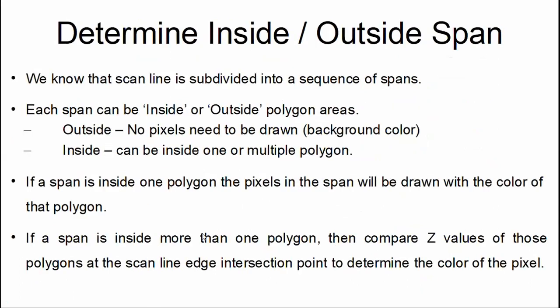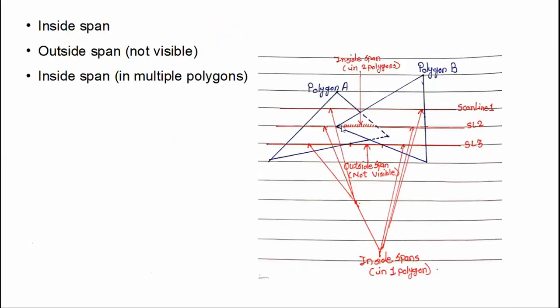Similarly, if a span is inside more than one polygon, then what we have to do? We will compare the Z values of those polygons at the scan line edge intersection point to determine the color of the pixel. As I told you, this span is contained in more than one polygon, that is, it is contained in two polygons.